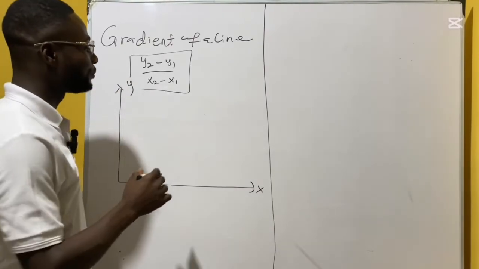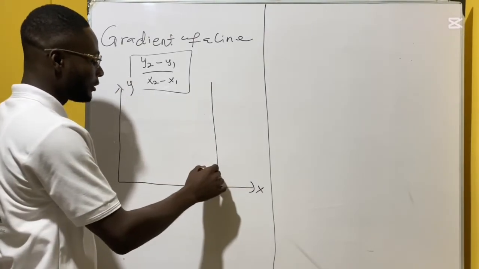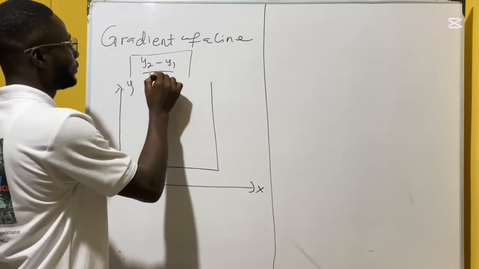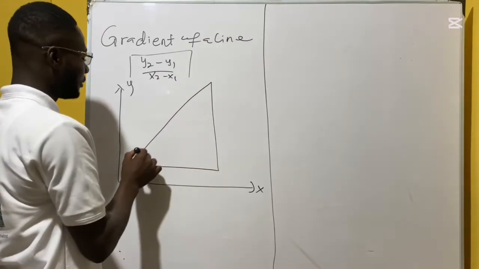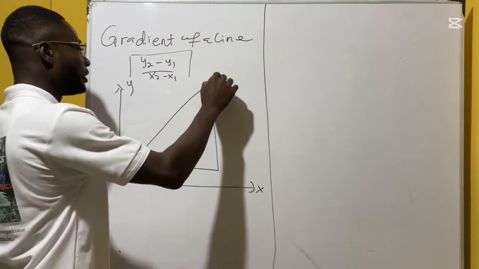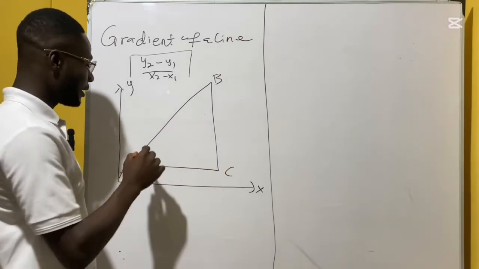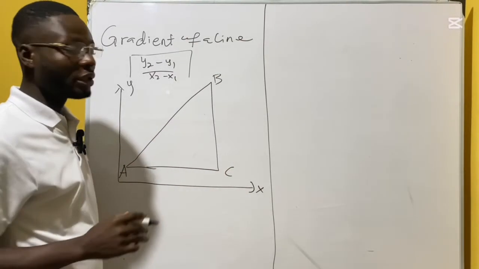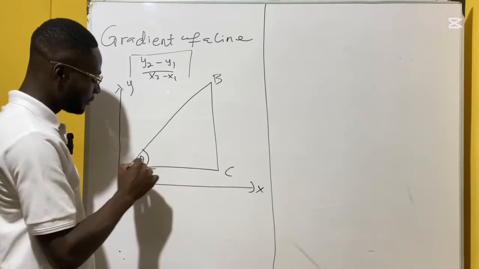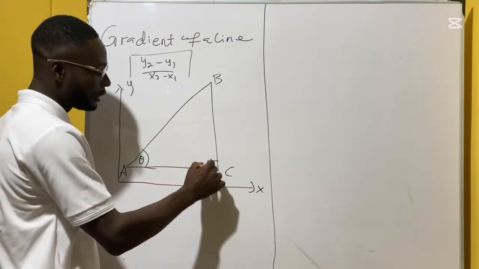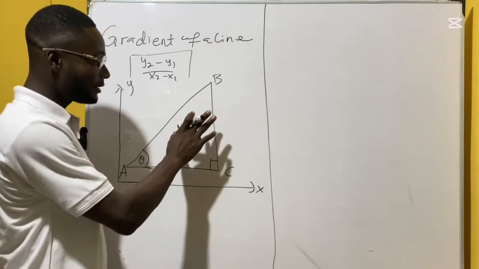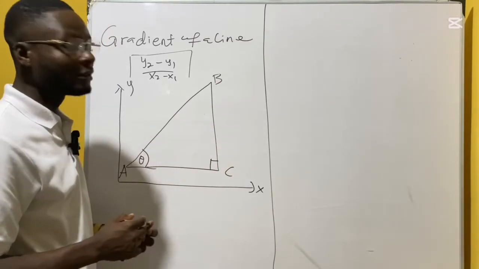We have our triangle in here. We say this is A, this is B, and this is C, right? And this time round, we are going to name this angle theta, and we position our right angle, the 90 degrees there, showing that this figure is a right angle triangle.